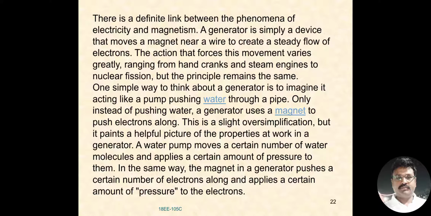A generator is simply a device that moves a magnet near a wire to create a steady flow of electrons. The action that forces this movement varies greatly, ranging from hand cranks and steam engines to nuclear fission, but the principle remains the same.